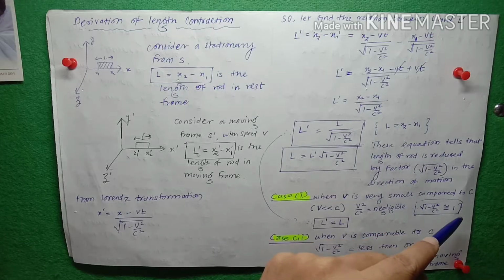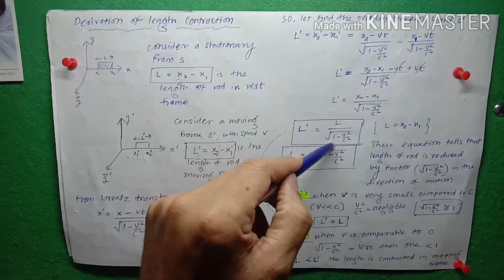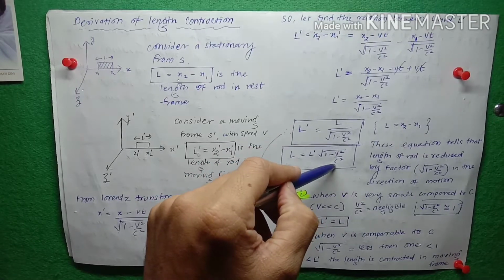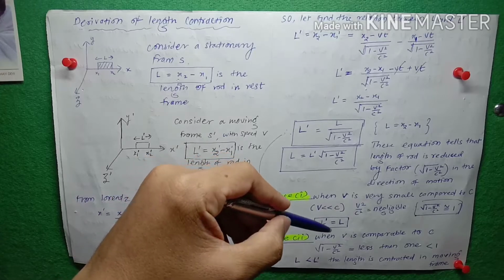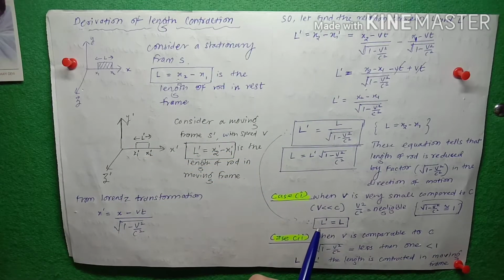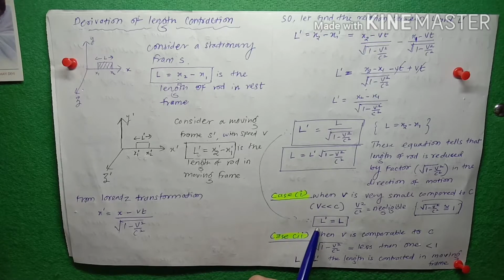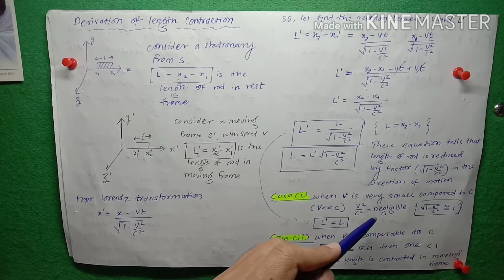So the root of 1 is almost 1. When you put this value 1 in this equation, it indicates that the length of the rod measured in the stationary frame is L and in the moving frame is L dash, and they are the same. This is what generally happens in our daily life, because all the motion we see around us is much less than the speed of light.